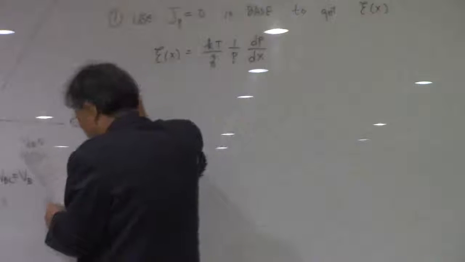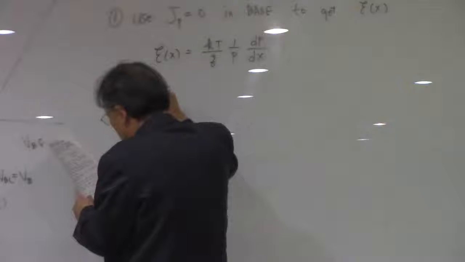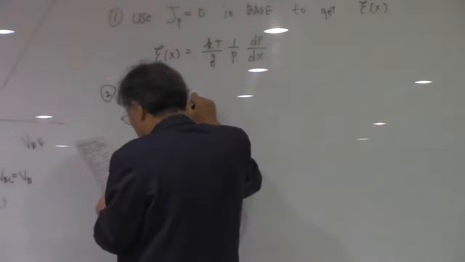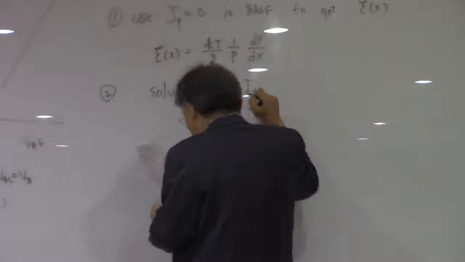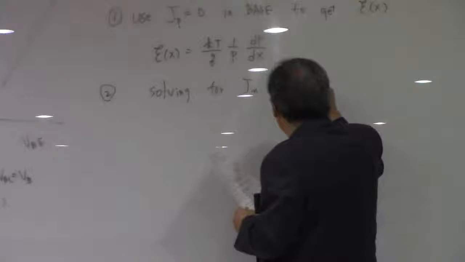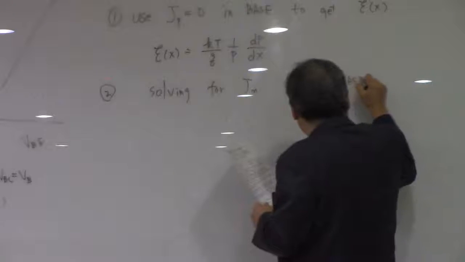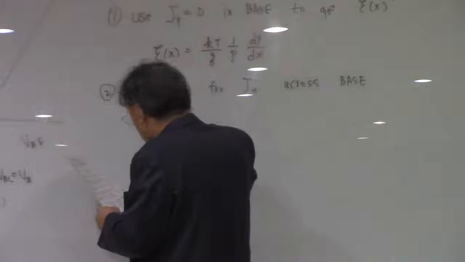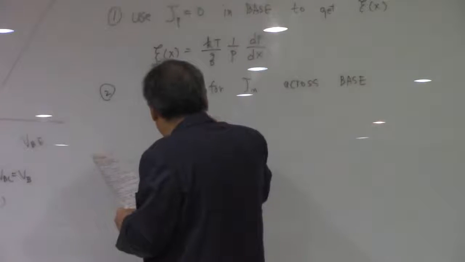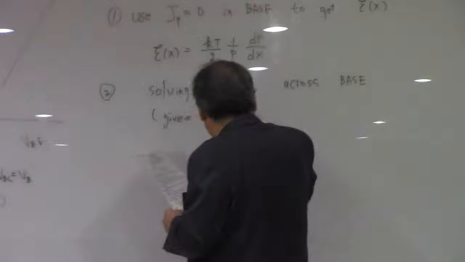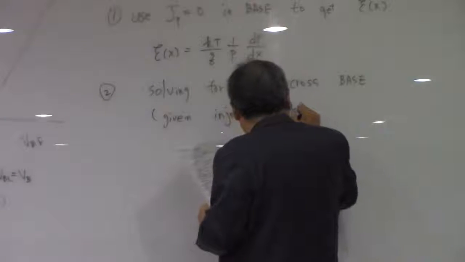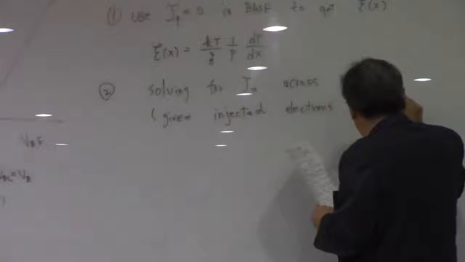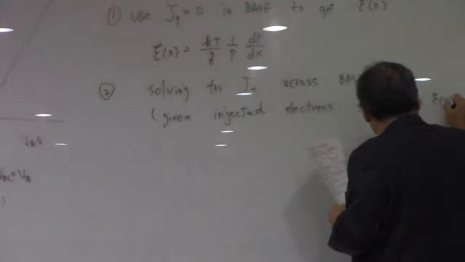And then solving for Jn across base, given injected electrons subject to electric field.